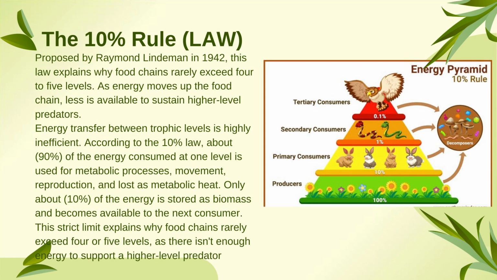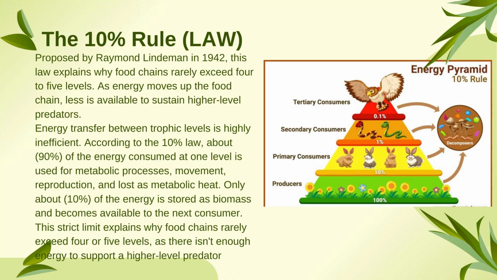So this 90% of the energy consumed at one level is used for metabolic processes, movement, reproduction, and a certain amount will be lost as metabolic heat, and only the 10% of the energy is stored as biomass and is available for the next consumer. This strict limit explains why food chains rarely exceed 4 to 5 levels, as there isn't enough energy to support the higher levels.